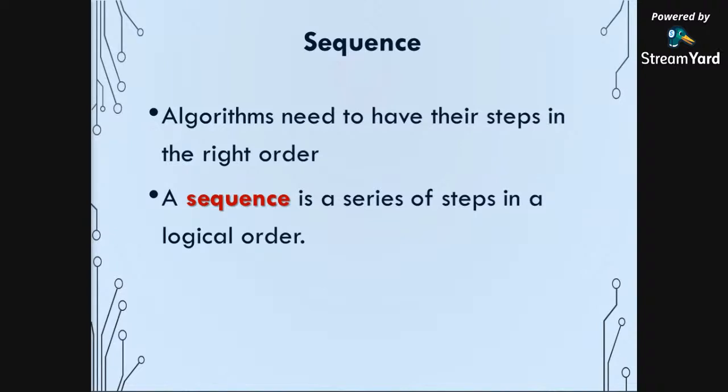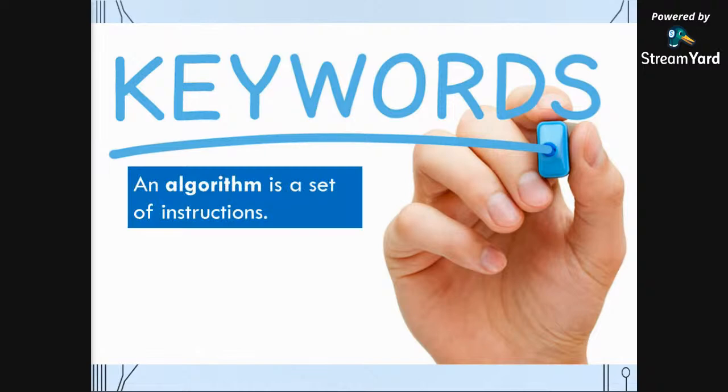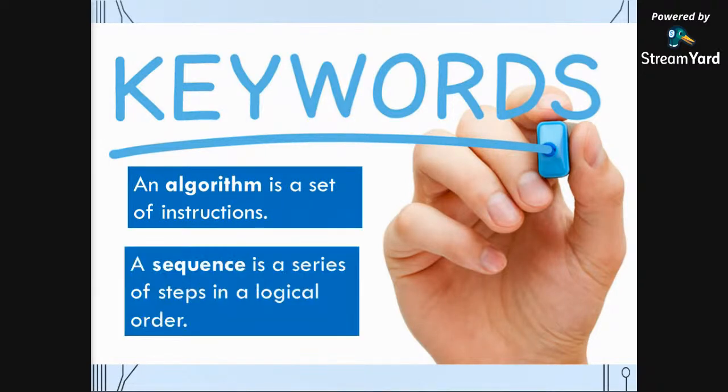So one thing after another, after another. So some keywords for you to remember. An algorithm is a set of instructions, and a sequence is a series of steps in a logical order.